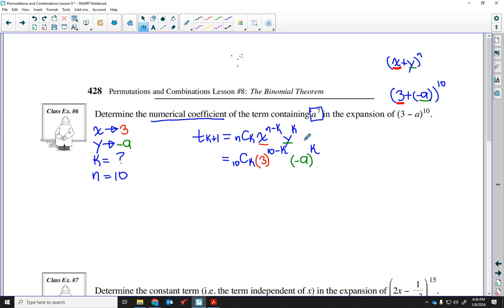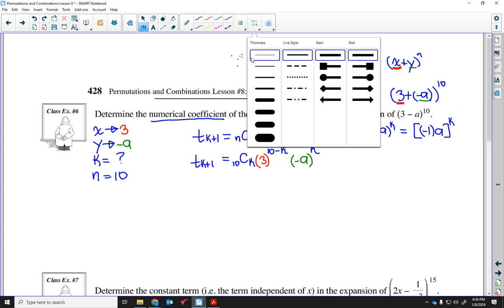Now, here's where you have to use this piece of information. This is as far as I can go in terms of the general term formula. There's not really much I can do to simplify this. Whatever term we're calculating has to have a to the power of 7 in it. We can, by the way, expand this a little bit. We have negative a to the power of k. A different way I can write this is negative 1 times a, all to the power of k.